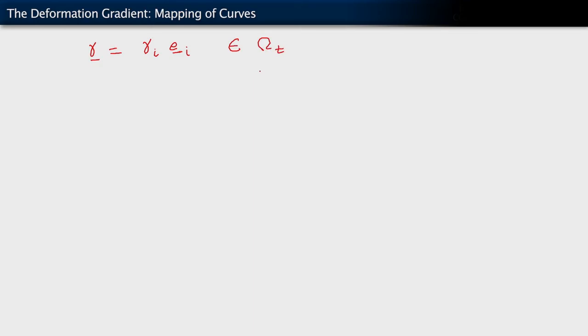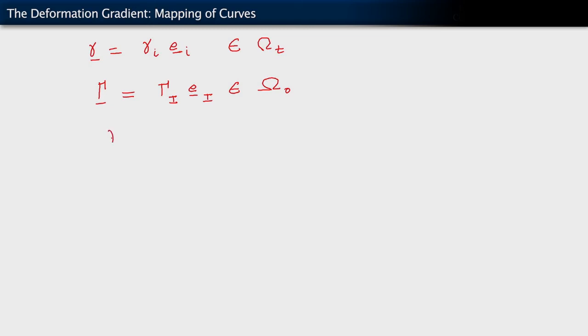Okay, and likewise, we would have capital gamma equals gamma sub capital I, E sub capital I, and this is the reference curve, therefore we already know it belongs to omega naught, right? So what all this means for our coordinate notation is the following.